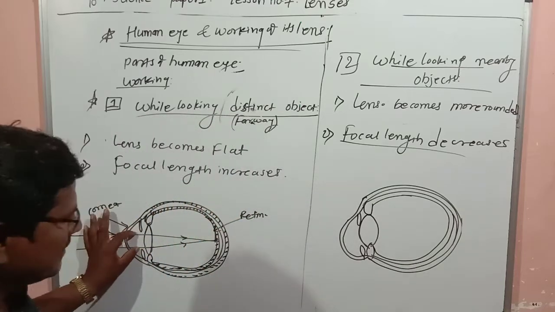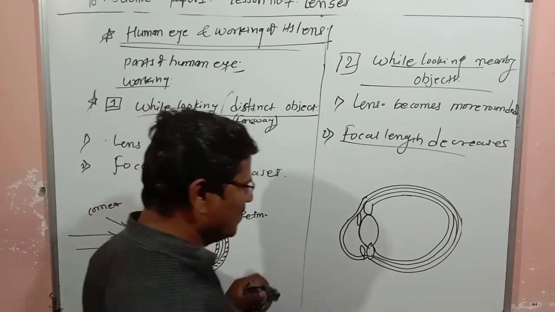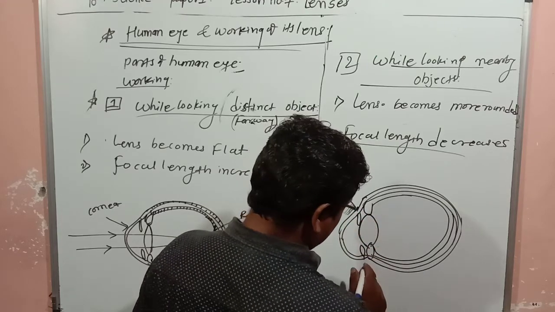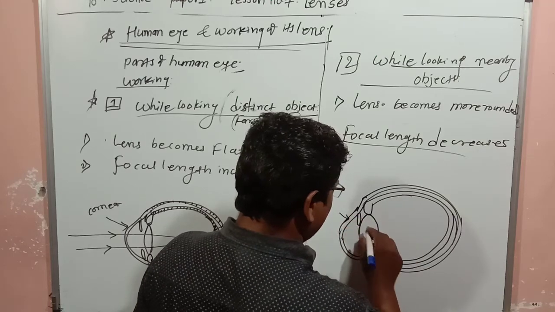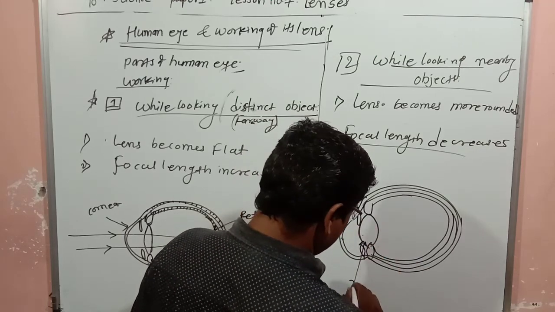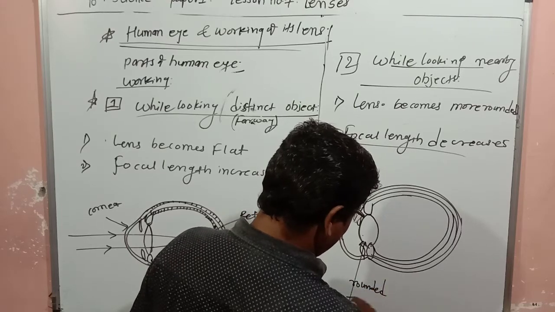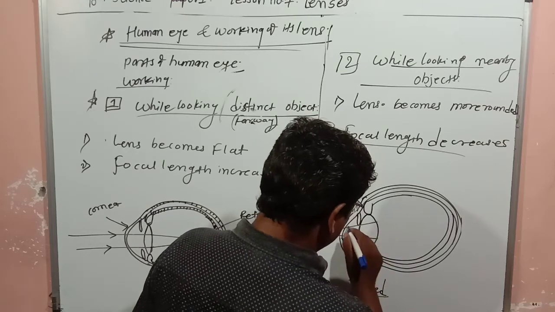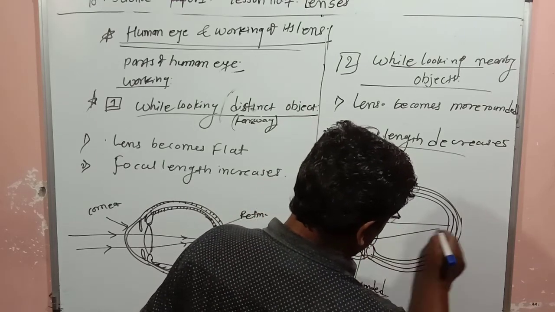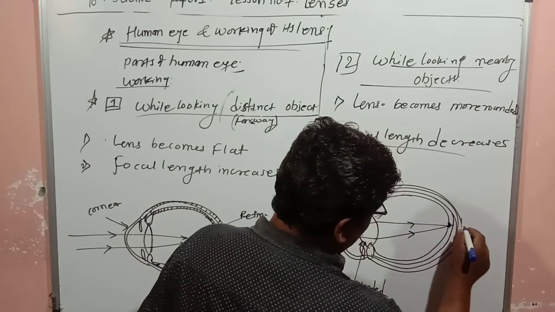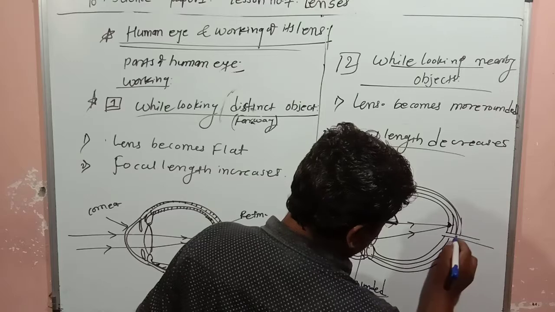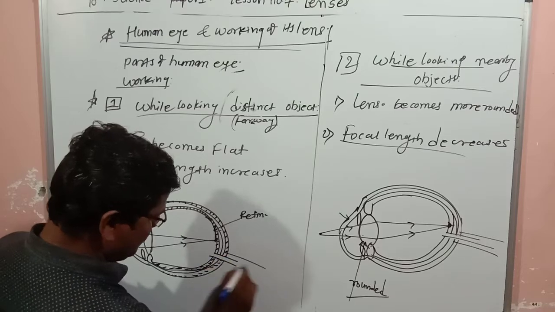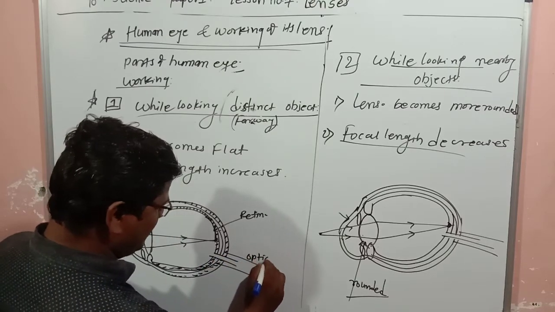Here we have shown it thin, but here it will be rounded, it will become thick. This one will be the cornea, this one will be the lens, a rounded lens. When light rays are coming from nearby objects, they will be converged at a single point. And here you can draw the optic nerves.